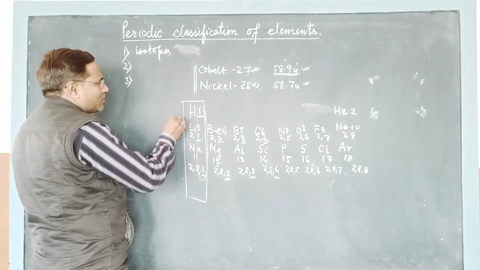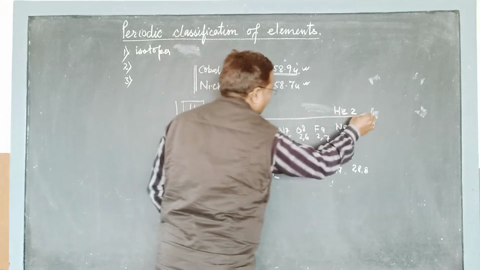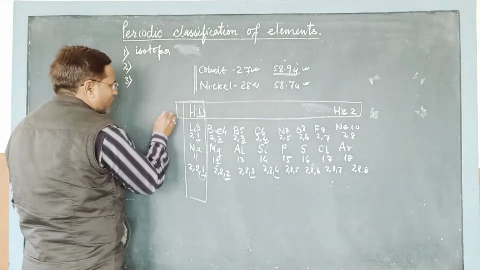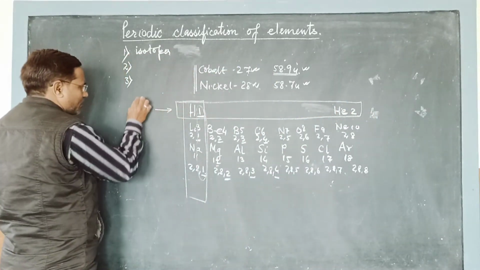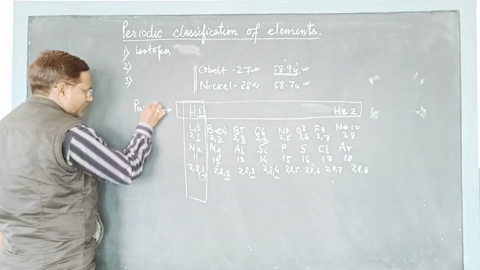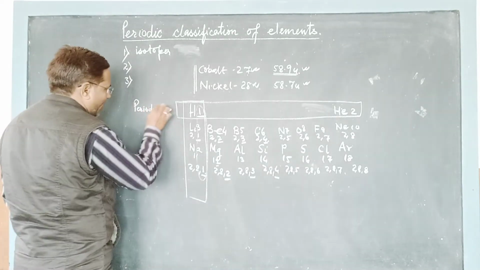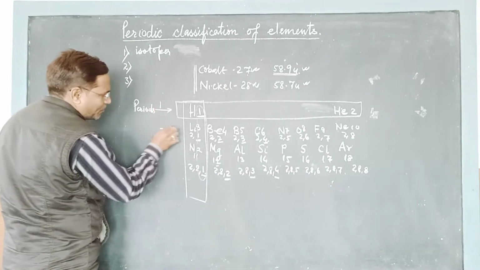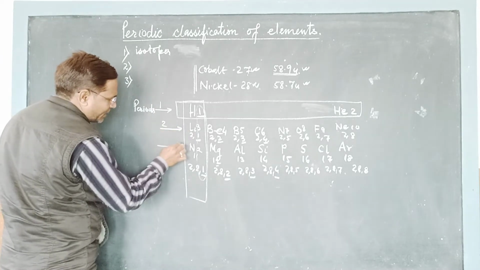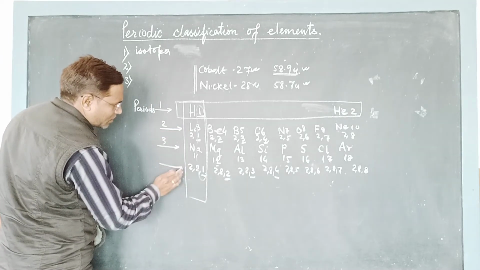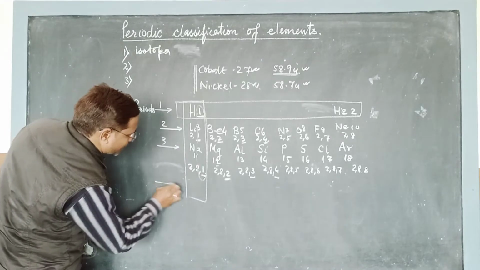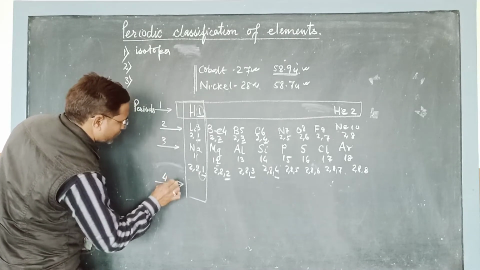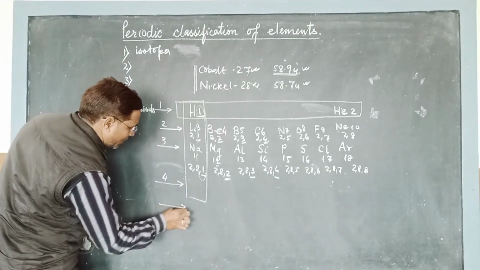These horizontal rows we call periods. This is period number 1, then period number 2, this is period number 3, then more will be there: period number 4, then period number 5.